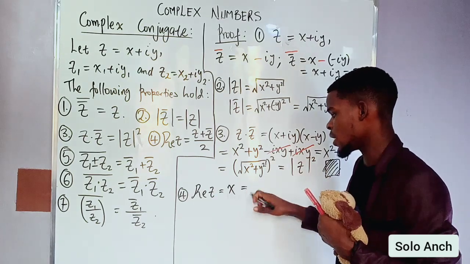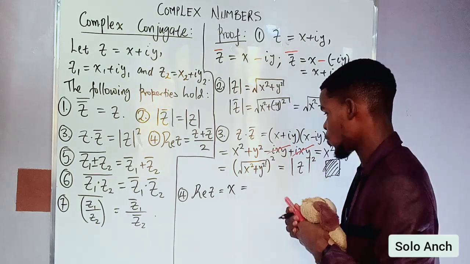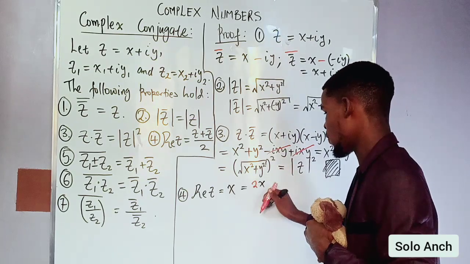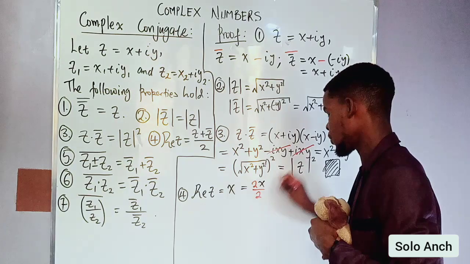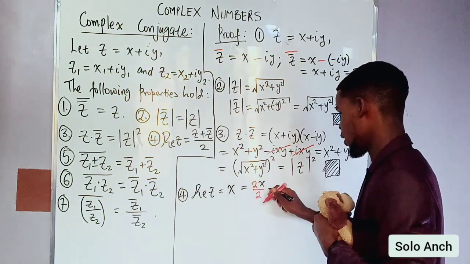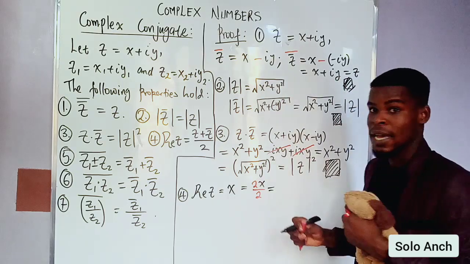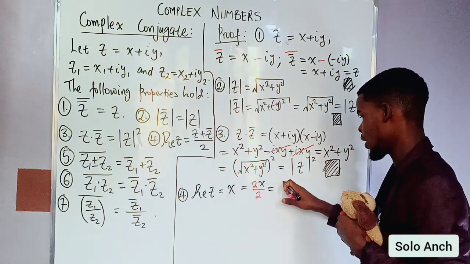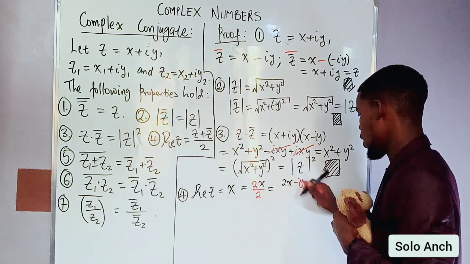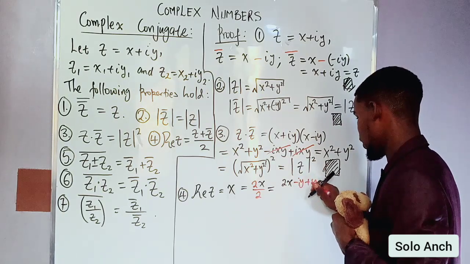Good. But you notice that this x here can be written as 2x divided by 2. That is, we multiply the x by 2, and then we divide by the 2 we just multiplied. That's very nice, isn't it? And I'm going to do addition of 0 to the numerator. So I'm going to add iy and negative iy. So this is going to be 2x, we're going to subtract iy, and then we are going to add iy to that.